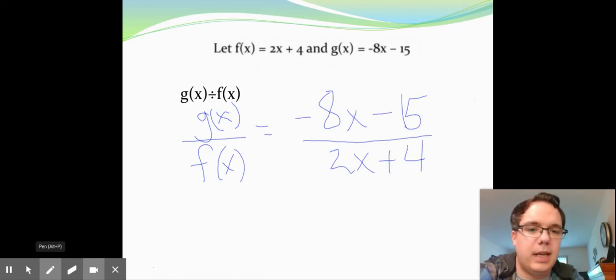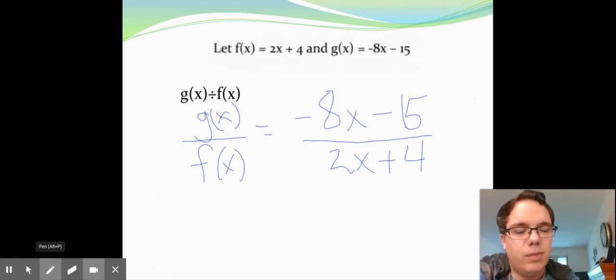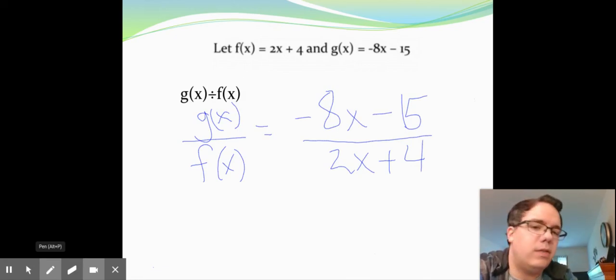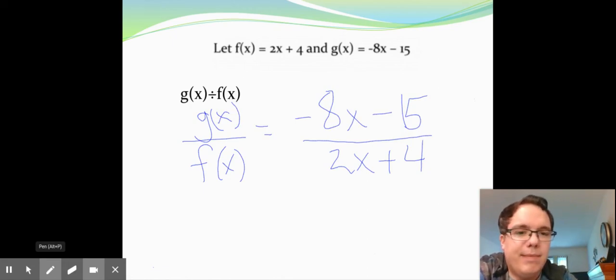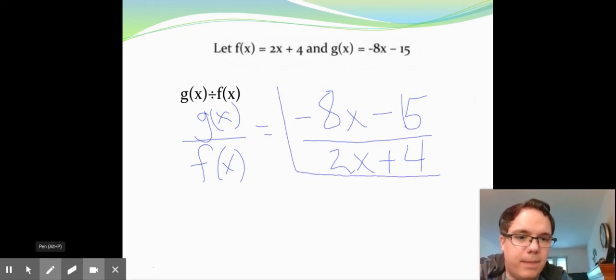We can't take anything out of negative 8 or negative 15. No number goes into both of them. We could take a 2 out of the bottom since 2 goes into both 2x and 4, but it wouldn't cancel out with anything on top. So that is as simple as we can get this expression. So this is our answer.